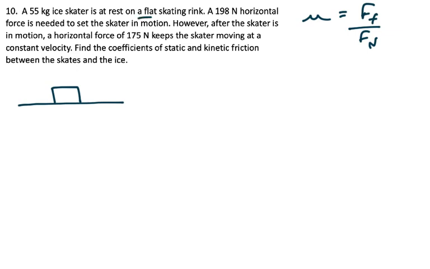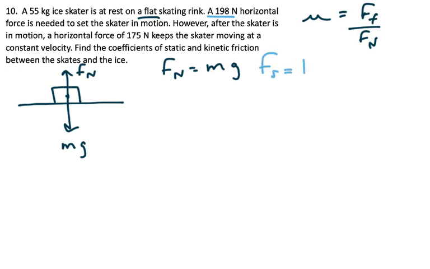So the fact that it's flat tells us that our normal force and our force due to gravity are equal to each other. So we don't have to worry about the angles in this case. It says that you have to apply a 198 Newton horizontal force in order to get her moving. So that's how much force is required to break that static friction. So it tells you that your static friction is equal to 198 newtons.